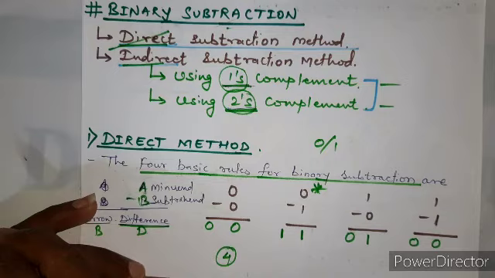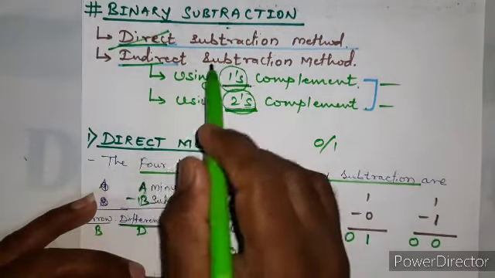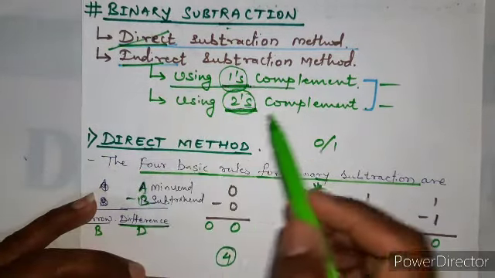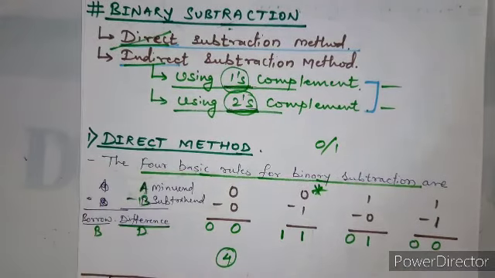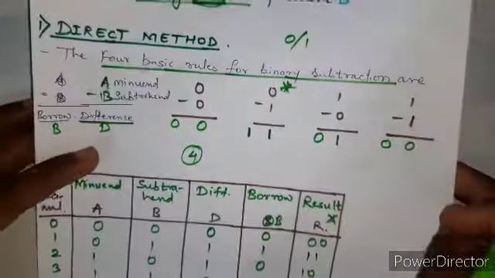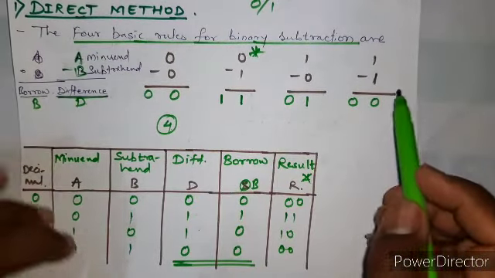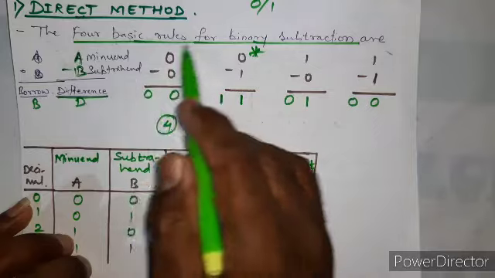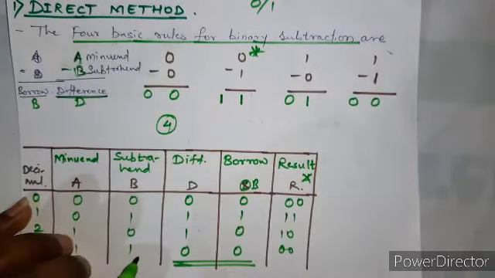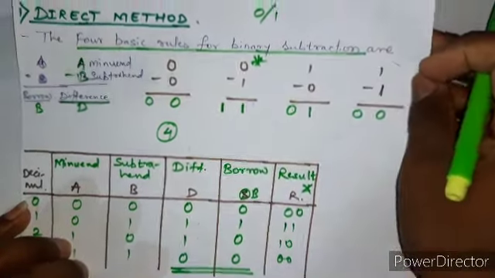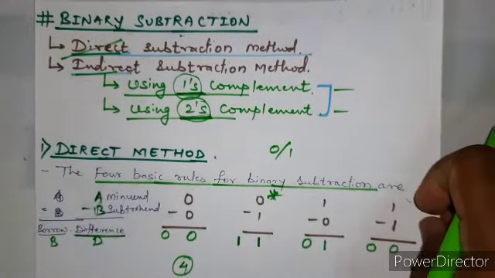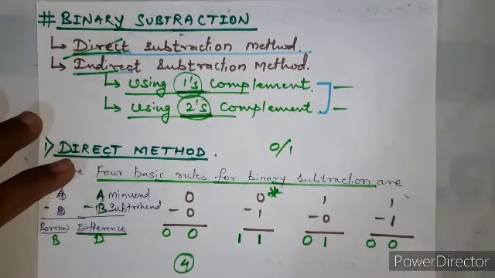In the next lecture we'll go for binary subtraction using 1's complement and using 2's complement. The interesting part is we will not require the rules of the direct method in 1's complement and 2's complement.